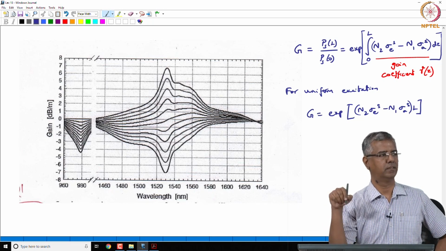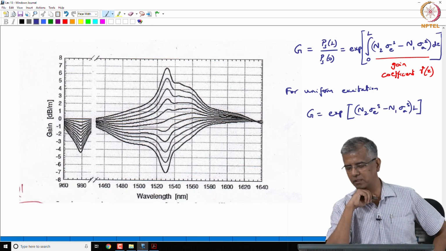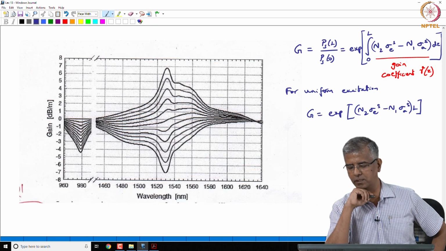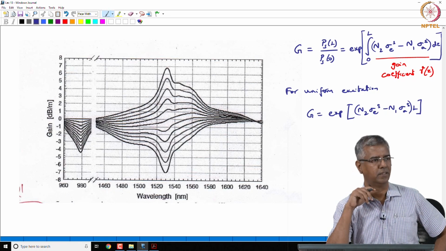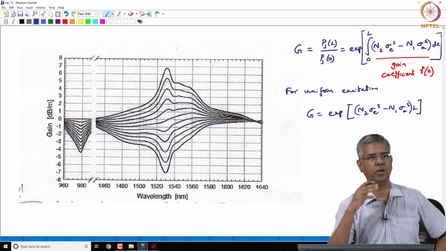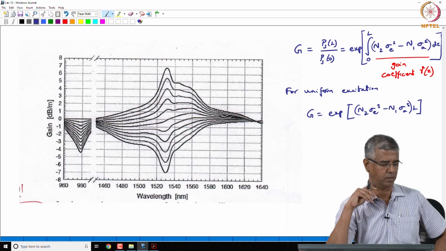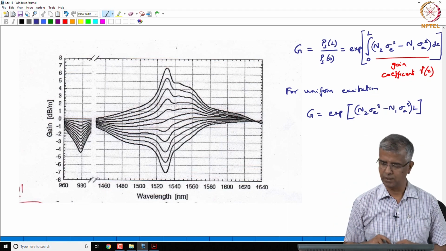Do you understand this? So, for uniform excitation it will be like that, but if you want to consider the fact that you are launching maybe from only one end of the fiber and then you have exponential decaying pump, then you may have to deal with this sort of a situation.